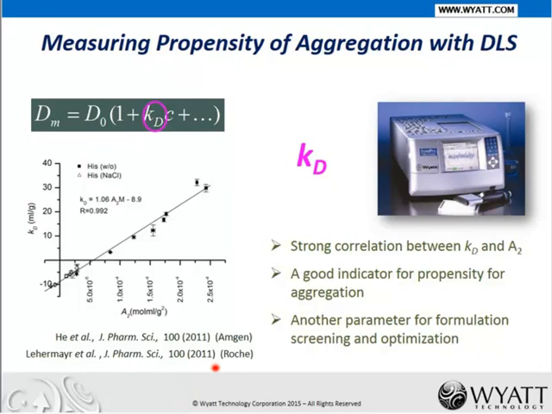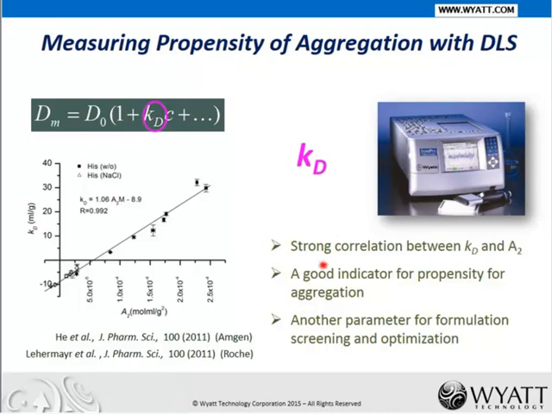In 2011, almost at the same time, scientists from Amgen and Roche published their work showing very strong correlation between this kD from dynamic light scattering and the second virial coefficient. We know the second virial coefficient is from static light scattering measurements. Usually it takes a lot of sample and it's very tedious to carry out. kD, on the other hand, is much easier to measure in high-throughput dynamic light scattering.